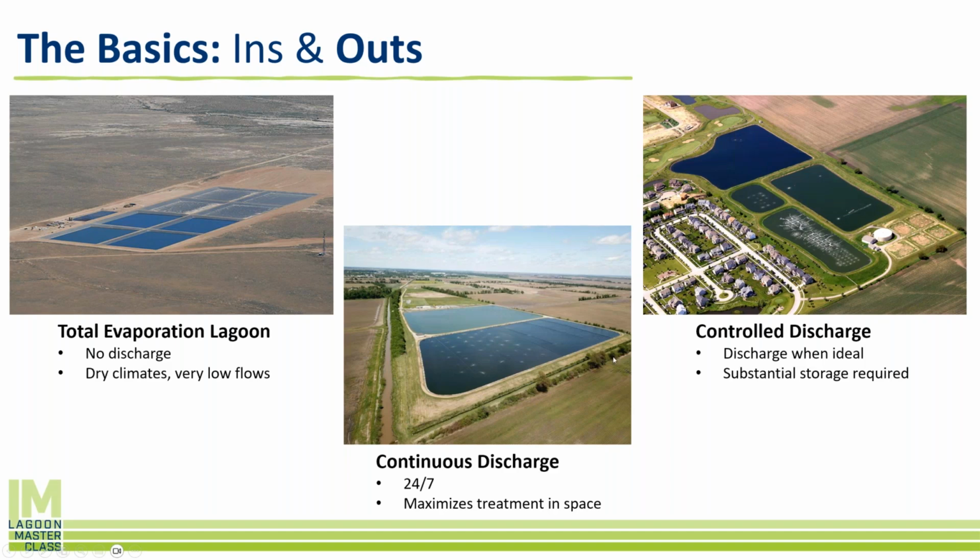If this is discharging all the time, the controlled discharge is discharging some of the time. We're controlling when we release the water when we want to. Generally, the discharge is done for some certain kind of ideal condition. The most common of which is we will discharge to a river or stream at a certain time of the year when we know that river or stream is high and our limits are higher in that stream.